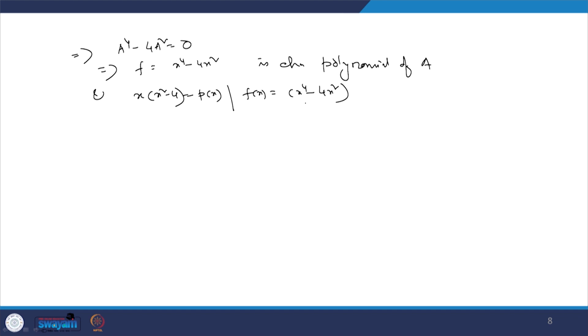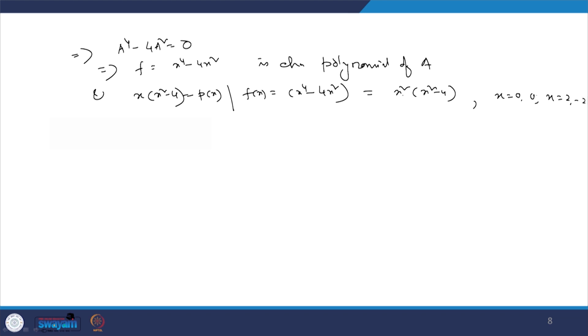So, you see that the minimal polynomial divides the characteristic polynomial also. Characteristic polynomial is equal to x square into x square minus 4. So, I will have x repeating, x equal to 0, 0 and x equal to 2 and minus 2.